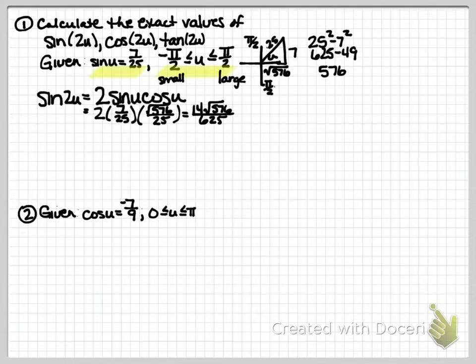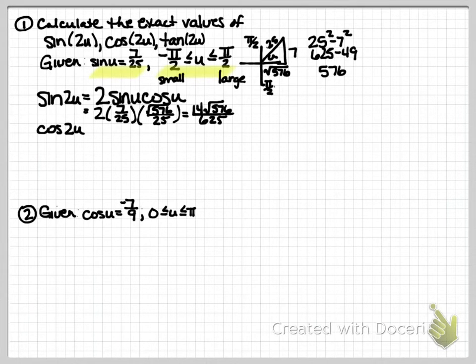That one's done. Let's move on to cosine. Now remember, we had 3 choices for cosine. And it doesn't matter which one we use. Any of them can be applied, but we were originally given sine. That one's already been calculated for us. We know those are exactly what they're supposed to be.